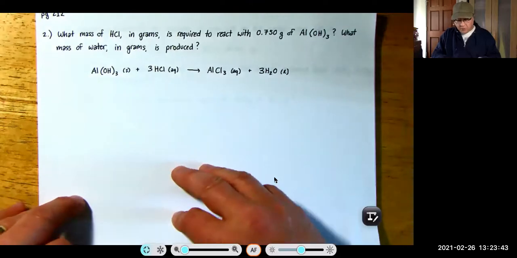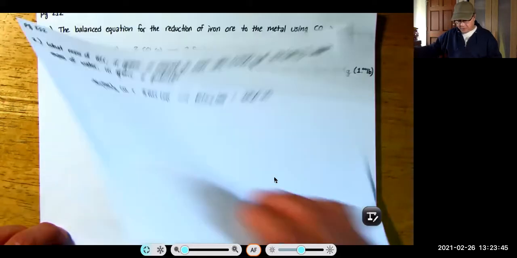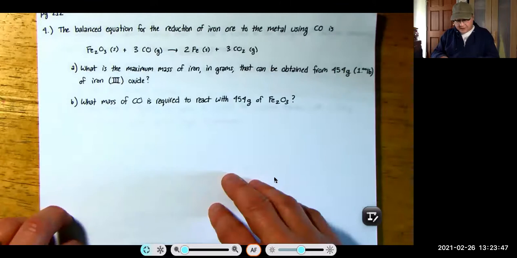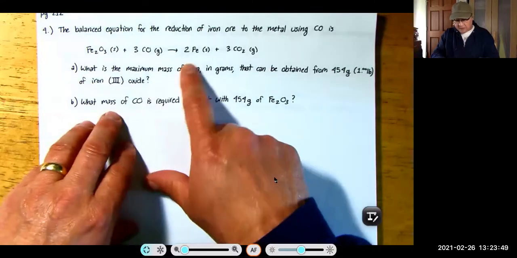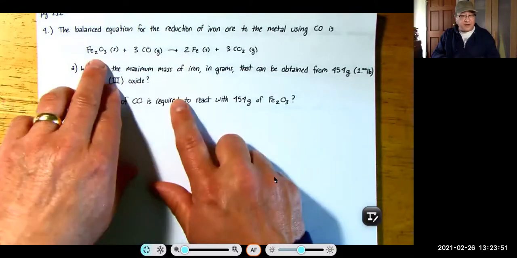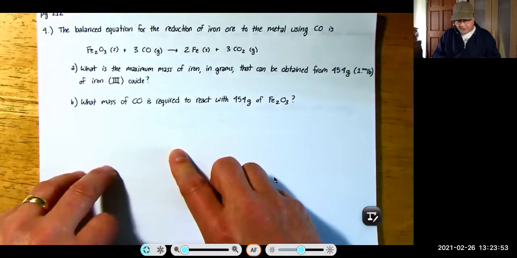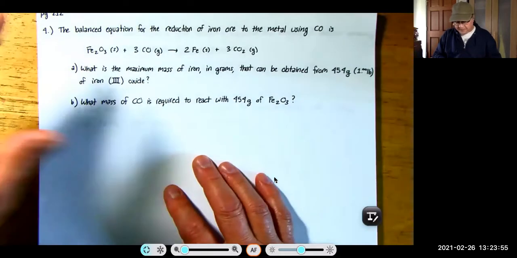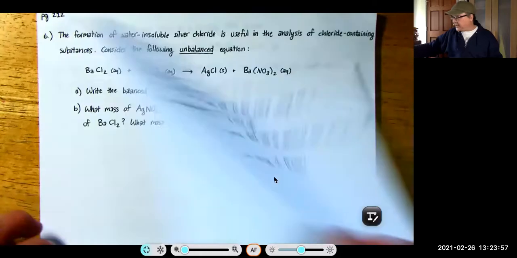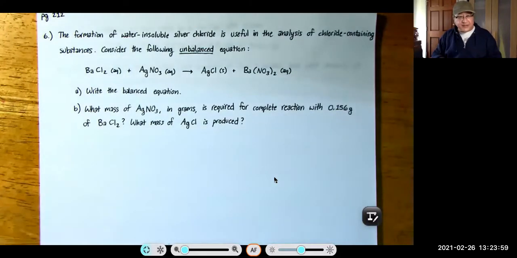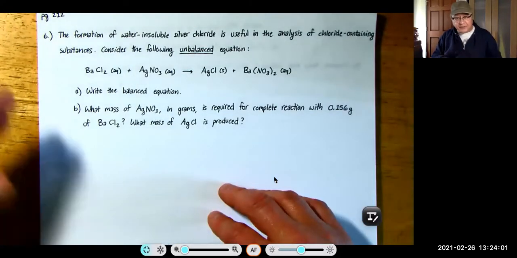And this whole process is called stoichiometry. So this same one, you can see they're asking for the mass of iron from 454 grams of iron 3 oxide. So basically, it's one of those things where you're given the mass of something and you're asked to get the mass of something else.